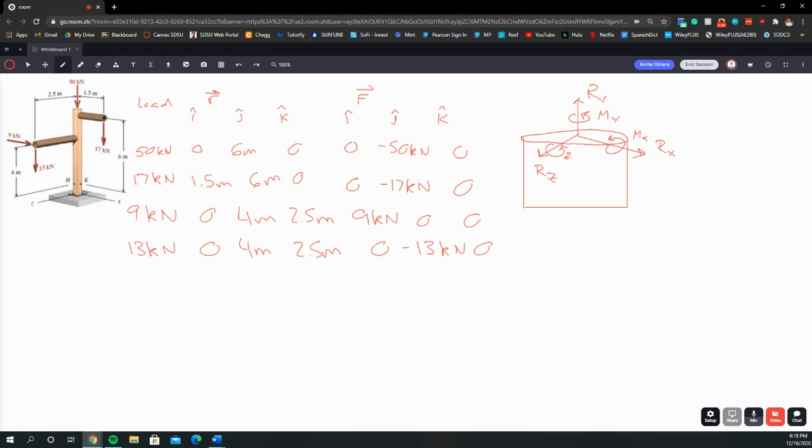All right, so now that we have all of our forces, the position vectors and the force vectors, we can solve pretty easily for the reactions and moments.